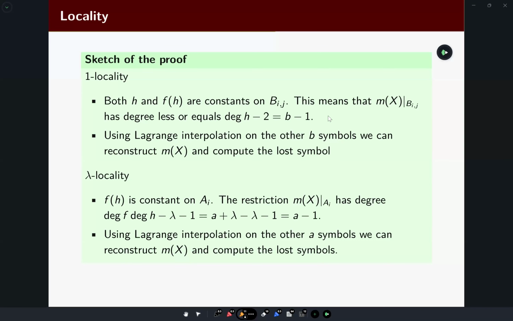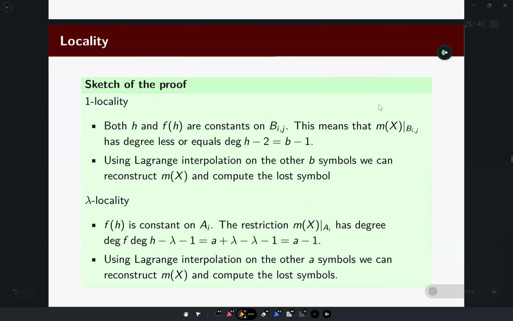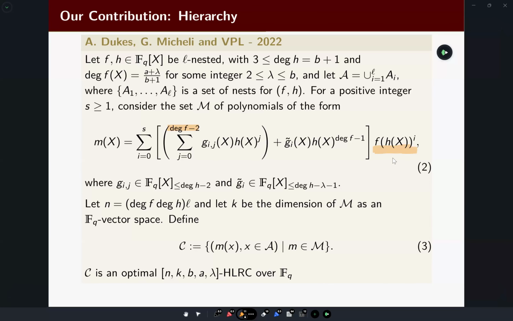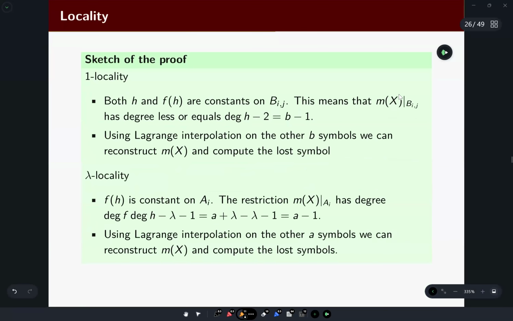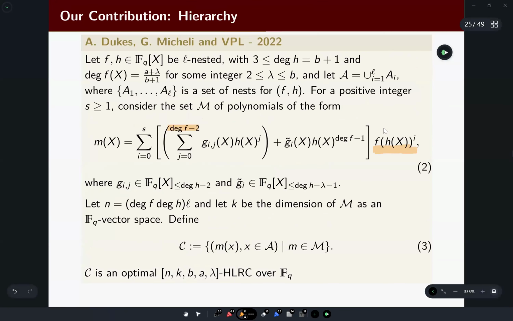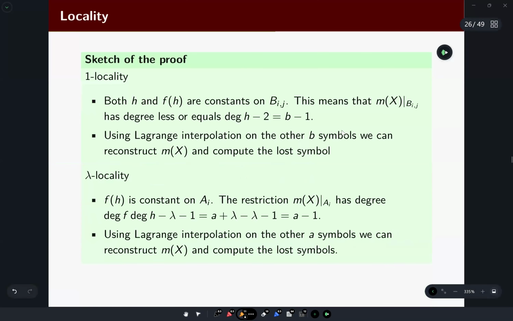If we take the polynomial m, all this big guy here, and we restrict the evaluation on the smaller set, what happens is that this polynomial is constant, okay? As you can see, f of h and h are both constant on the smaller set, because that's exactly the purpose of our construction.